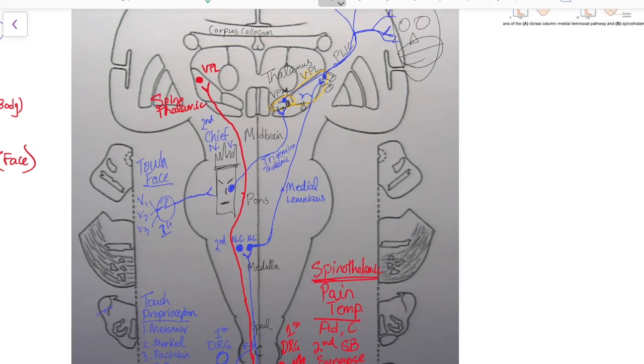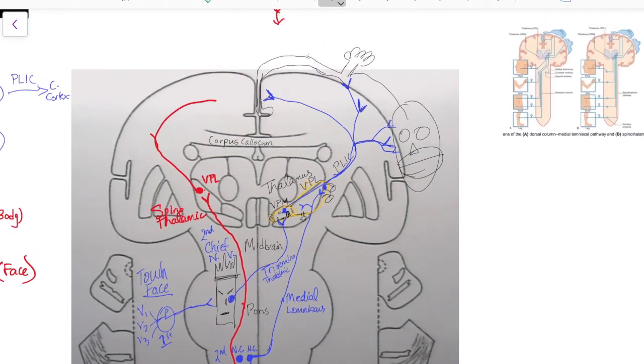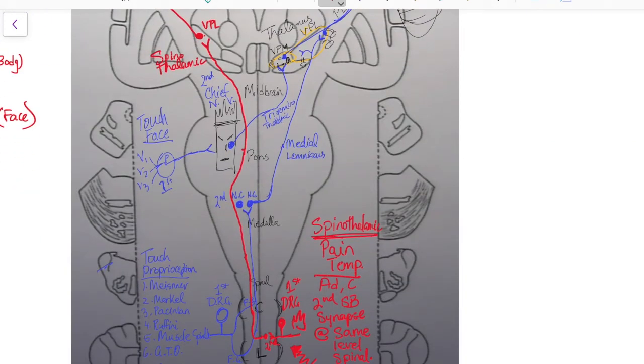After that, it will follow the same course, PLIC, and depending where we are, it will go either to the feet or to the arms, wherever you feel the pain. So the important part here at the bottom is that it synapses at the level where it enters, whereas with our touch and proprioception, it doesn't matter where it entered. It had to come and synapse up here in the medulla.